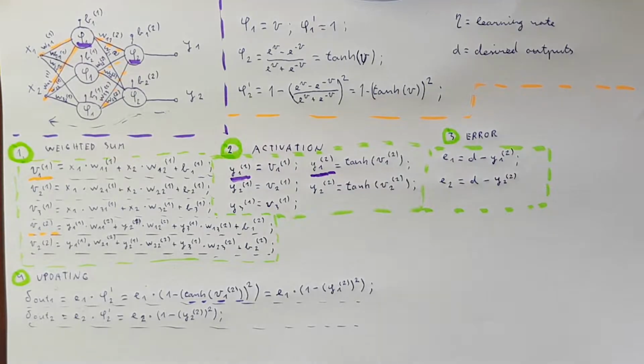So we have our margins, our deltas, so we could update our weights for the second layer.